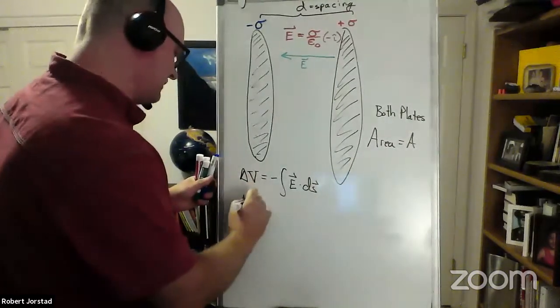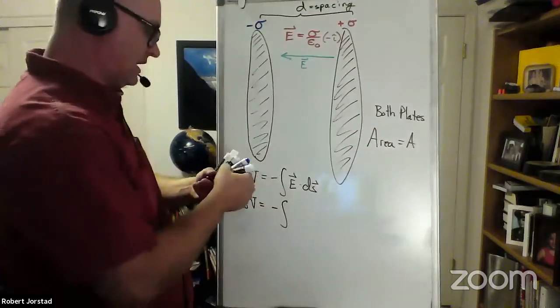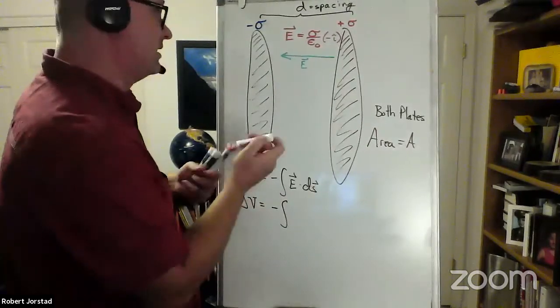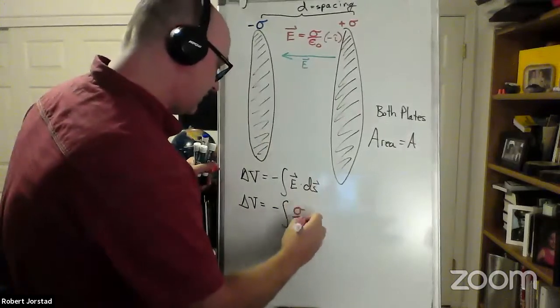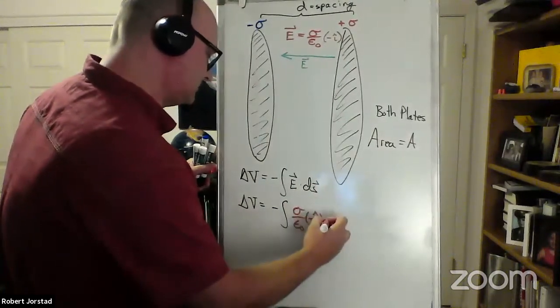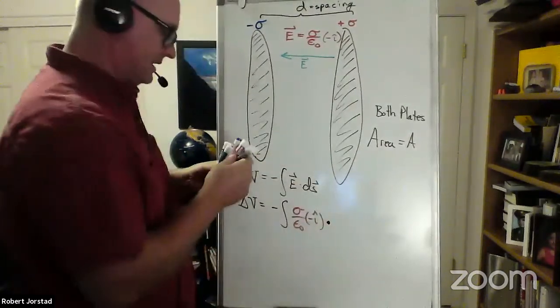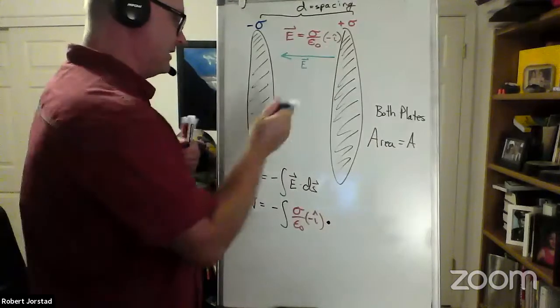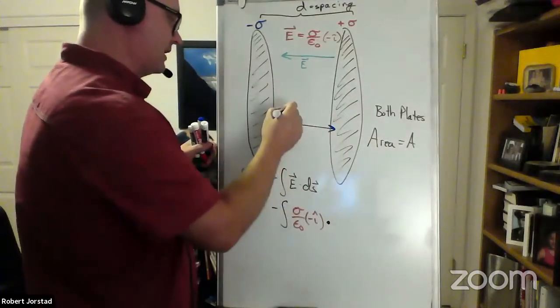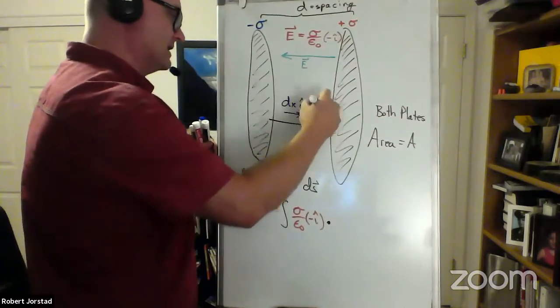The change in voltage between those two plates is minus the integral of E, which was sigma over epsilon naught in the negative i hat, dotted with, in this case, why don't we just travel this way, dx in the i hat. So that's ds.